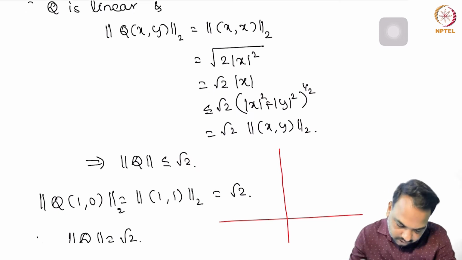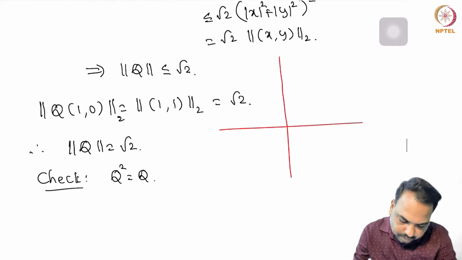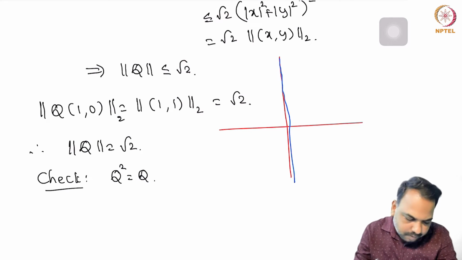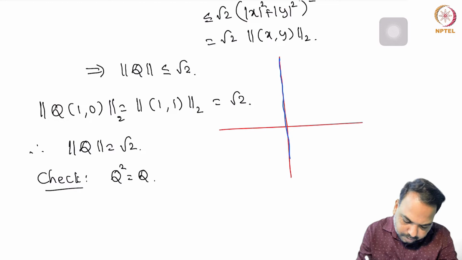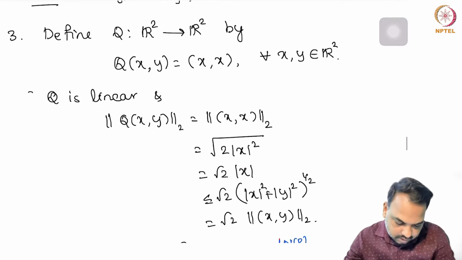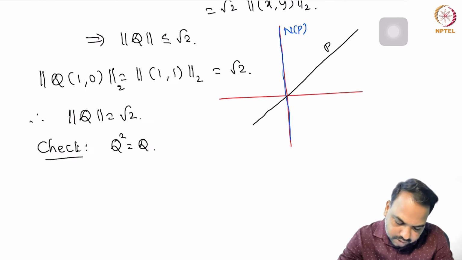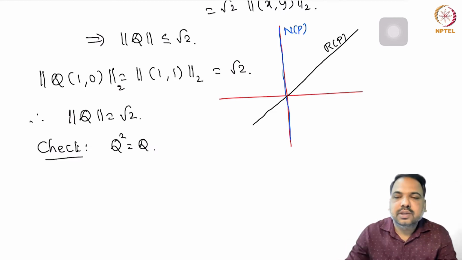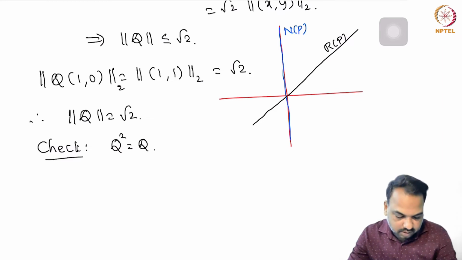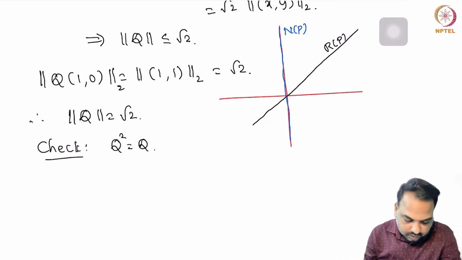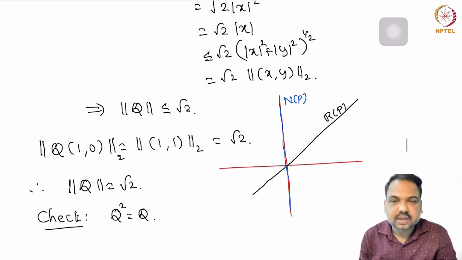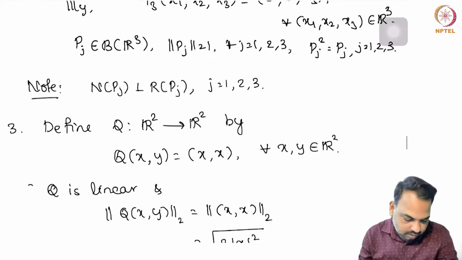So the y-axis is the null space in this case. And the range space is the line y equal to x. So the null space of Q and the range of Q are not orthogonal, but this is a projection. So in general, for a projection, the null space and range space need not be orthogonal. Okay, so let us look at some important observations about projections.